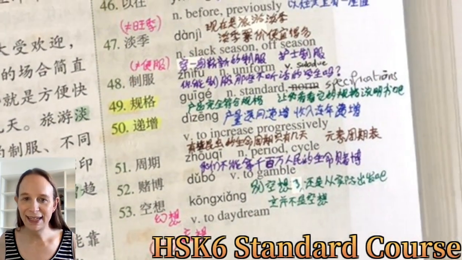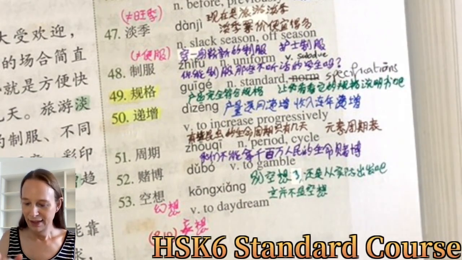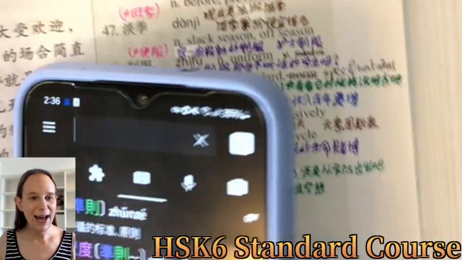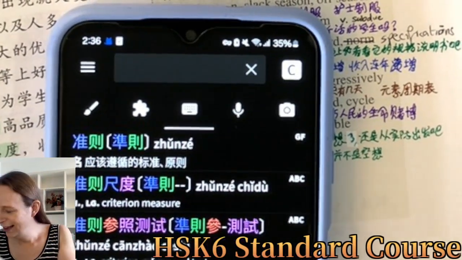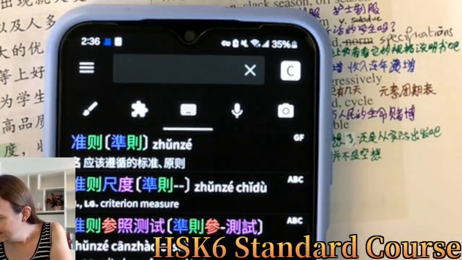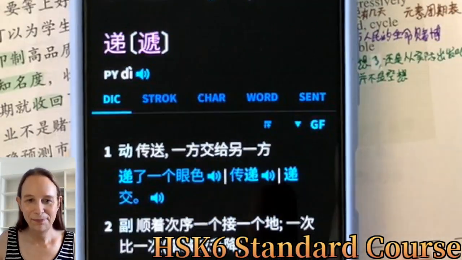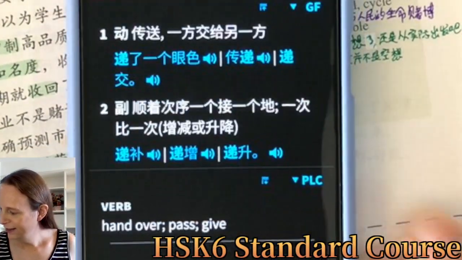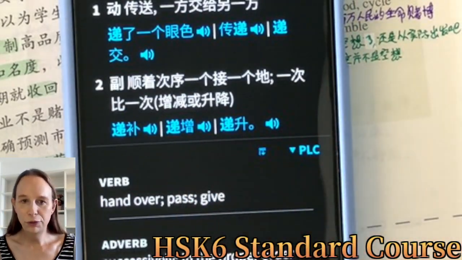Step by step. Do you know the character 递? 递 meaning to pass. Like 萧炎，你能寄给我吗？ And maybe you know 快递. So where is 递增, is this one? 顺着次序一个接一个的，一次比一次.